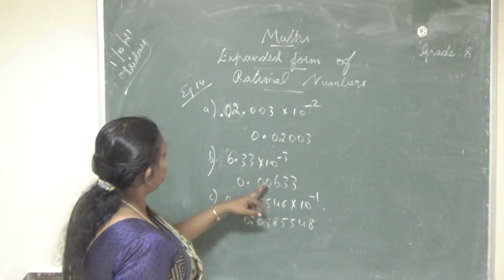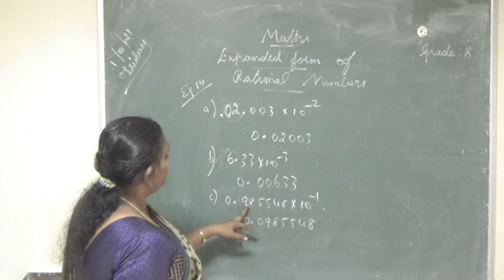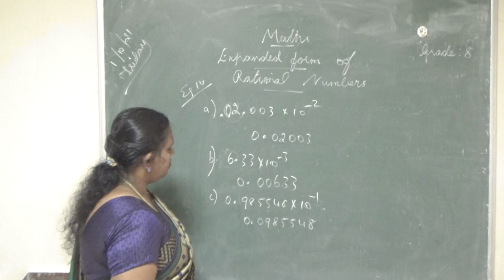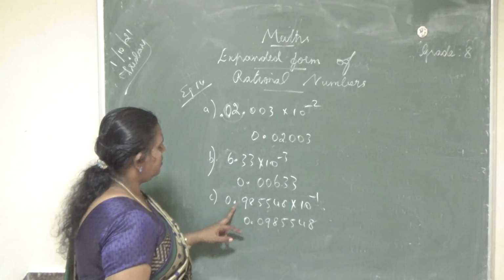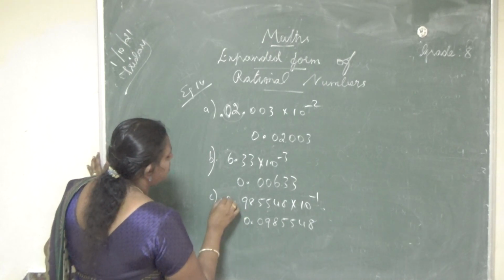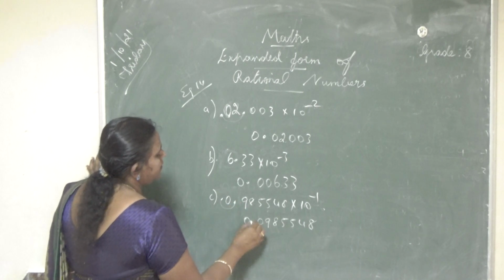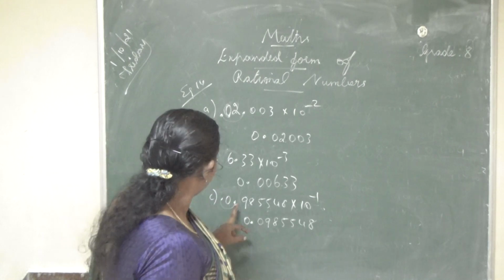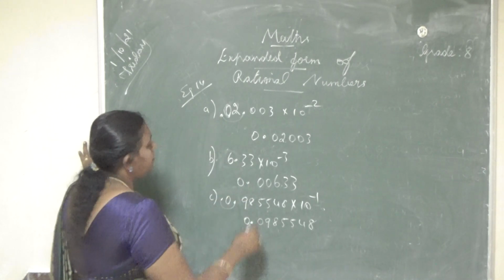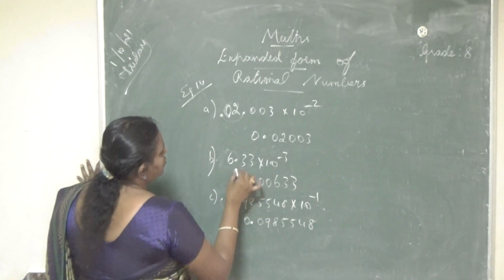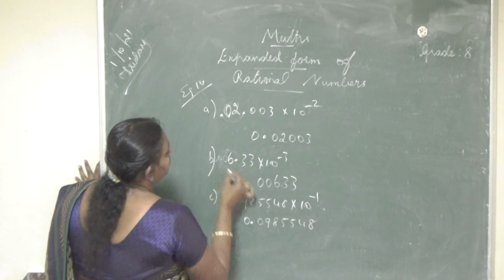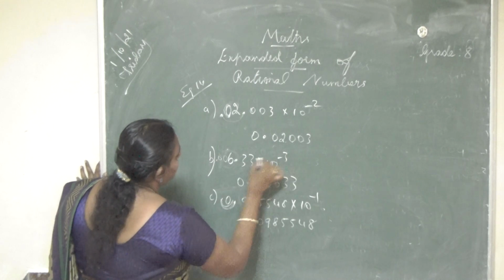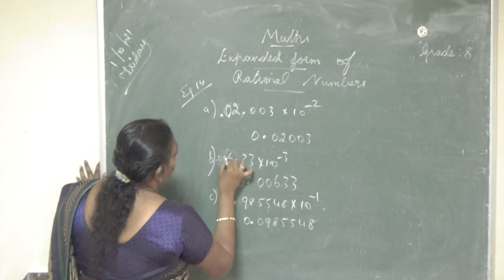I changed this here. 0.09. Understand? Here minus 3, so after this 3 comes here. Here minus 1, so only one digit moves.